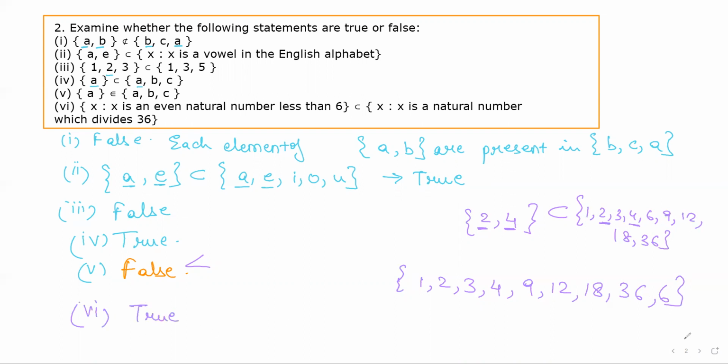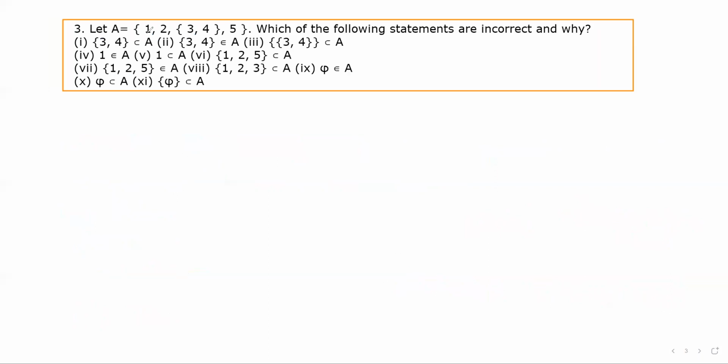Next. Let A be a set of 4 elements. Observe A = {1, 2, {3, 4}, 5}. This is your first element. Second element. From this comma and this comma, a set is mentioned, but it will only be considered as one element.